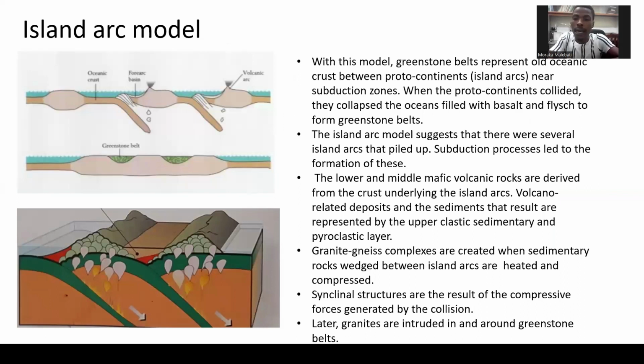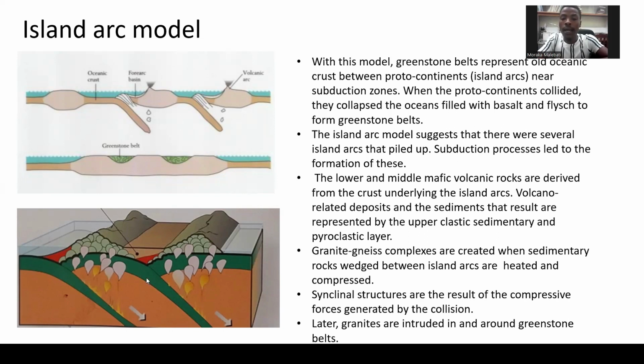On the other hand, the island arc model. As you can see here, we have these island arcs, and these island arcs obviously were produced because of subductions.